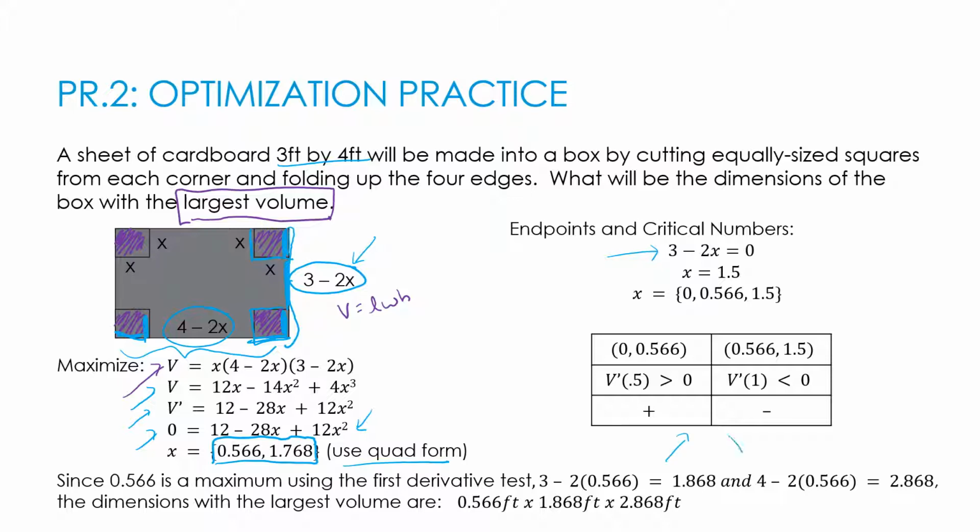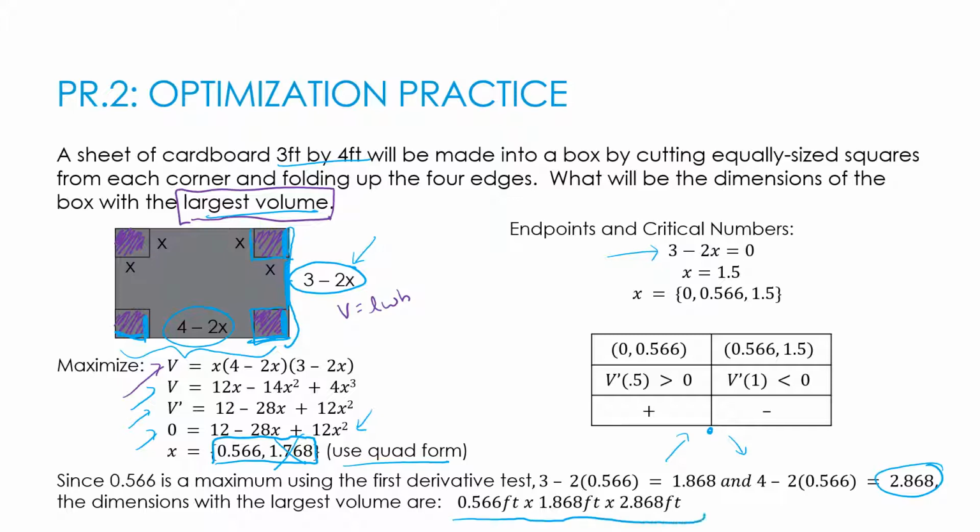I found an increasing to decreasing, so this is a max, which helps me because I'm trying to find the largest volume. So this guy didn't even fit in, and 0.566, which of course was rounded to 3 places, would be where my max occurred. And again, I would plug it in to my original function then to find the volume, and the volume would be 2.868.